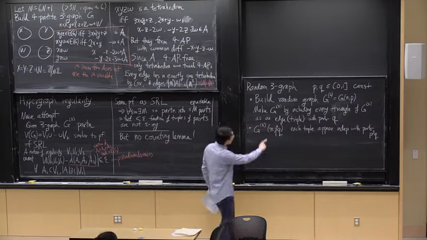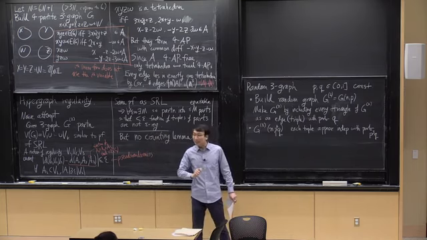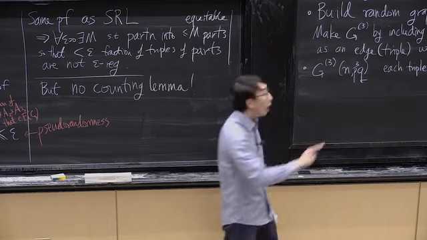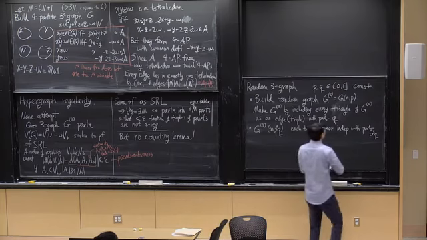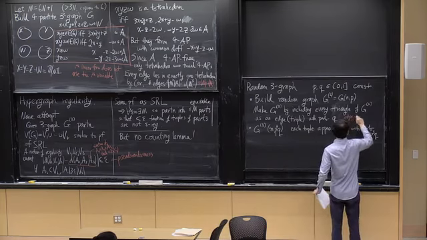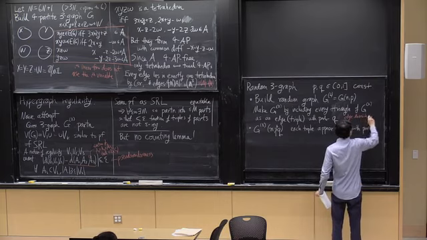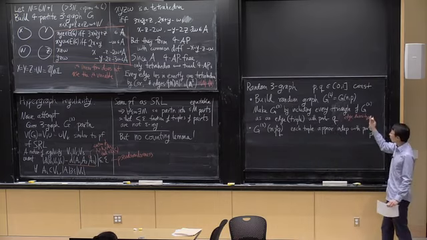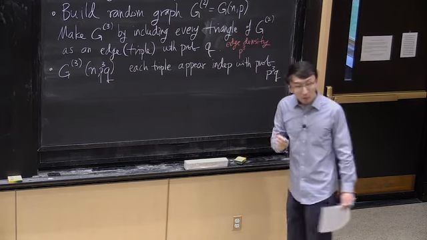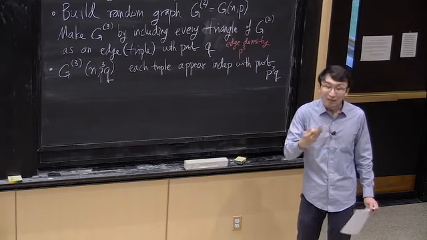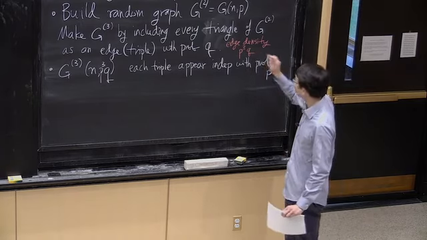And you can check that they have basically the same edge density. Right? So how many edges appear in the first one? Well, the density of triangles in G2 is p cubed, and each of those triangles appears as an edge further with probability q.